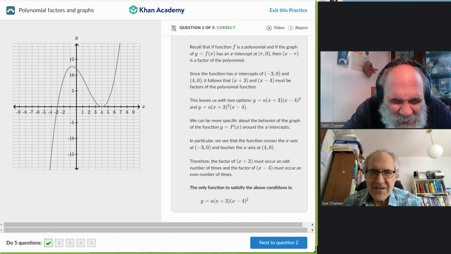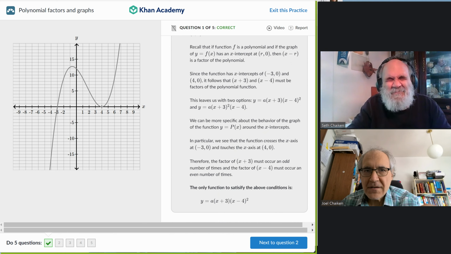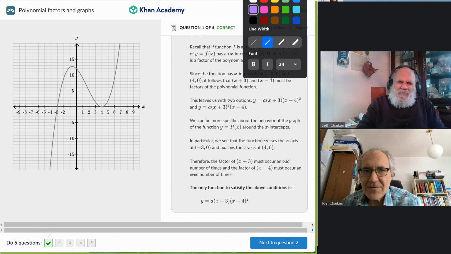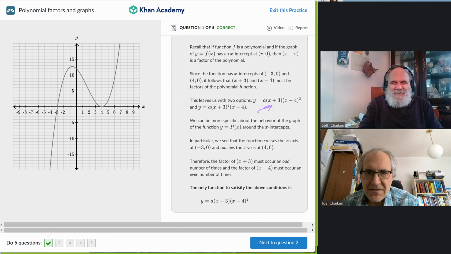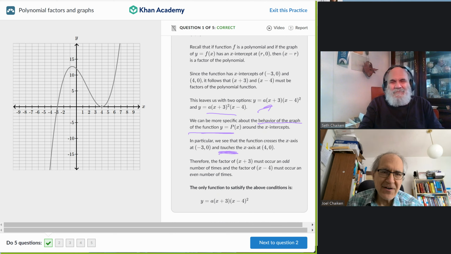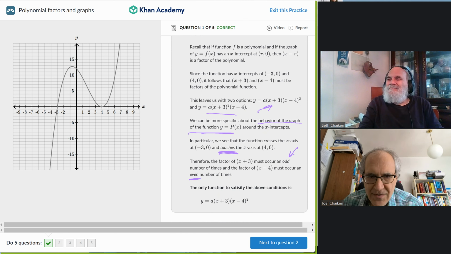We could be more specific about the behavior: touches the x-axis as opposed to bouncing off the x-axis. They talk about an odd number, an even number, exactly, because it touches the x-axis.